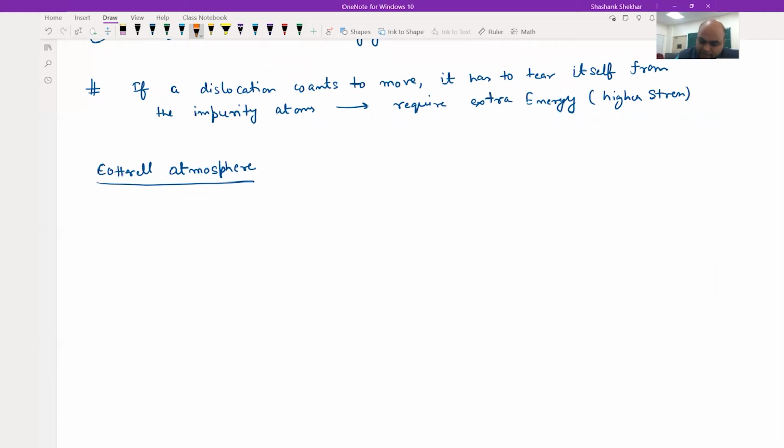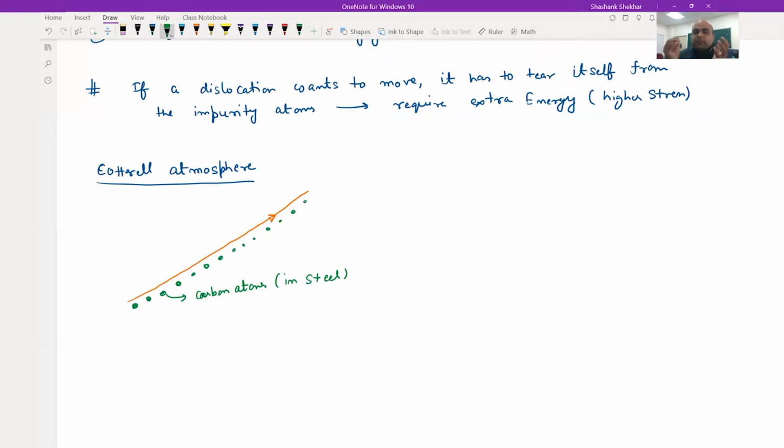So if I have a dislocation line, something like this, these atoms will be sitting here. They will be attracted towards the dislocation core. So these are carbon atoms, say in steel. What they are doing is making a cloud at the dislocation core, isn't it?